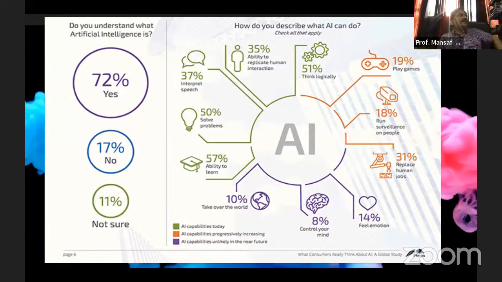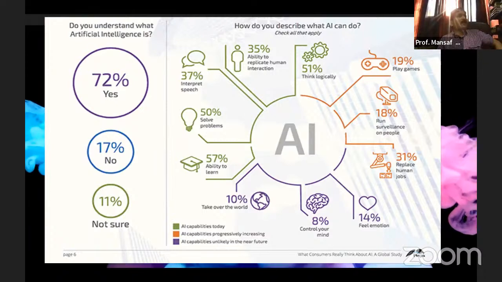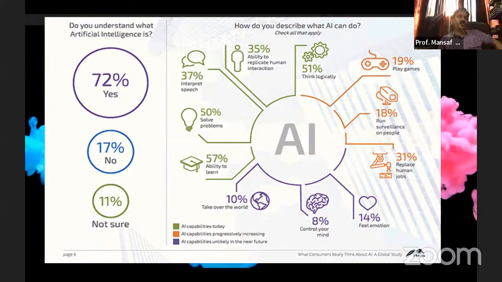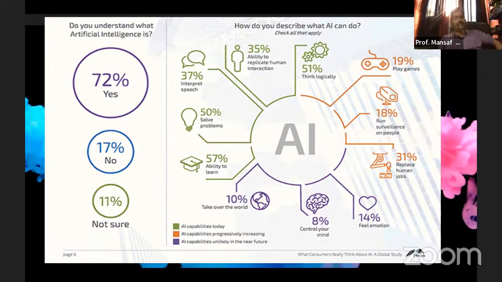Why artificial intelligence? Because artificial intelligence is based on data. Everywhere data are available, so artificial intelligence is possible.